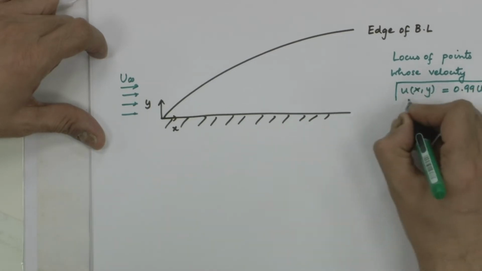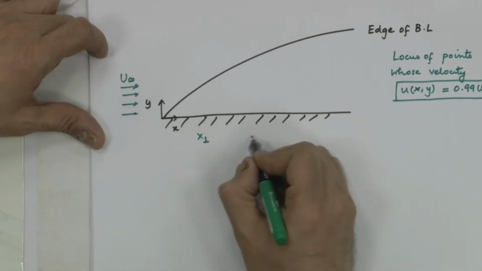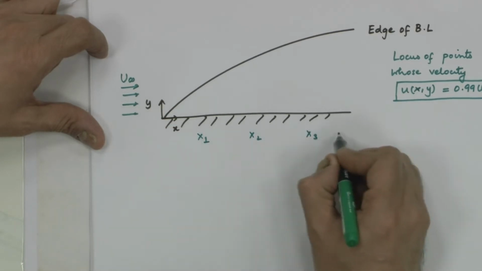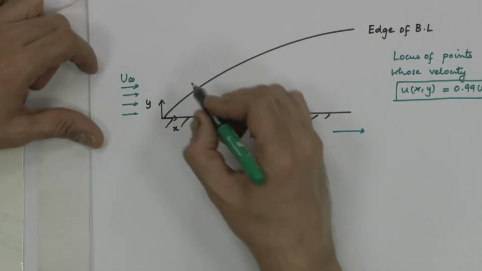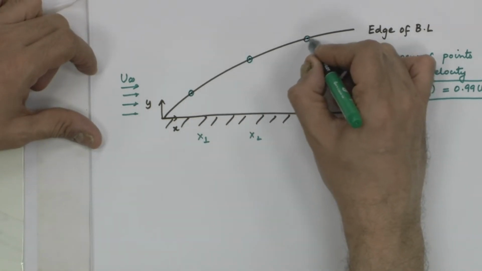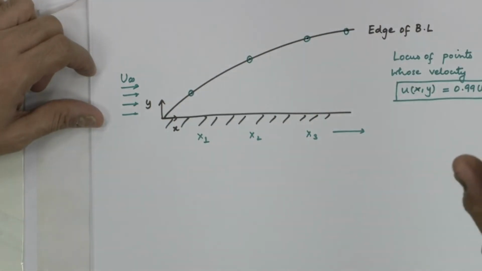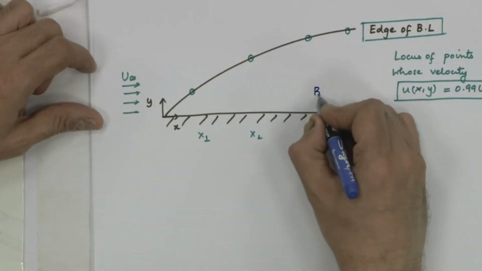So, you join all the points along various locations x 1, x 2, x 3 etc. This one is here, this one is here, this one is here, next one would be further there. You join all those, you get a line which is called the edge of the boundary layer, and this region is called the boundary layer.